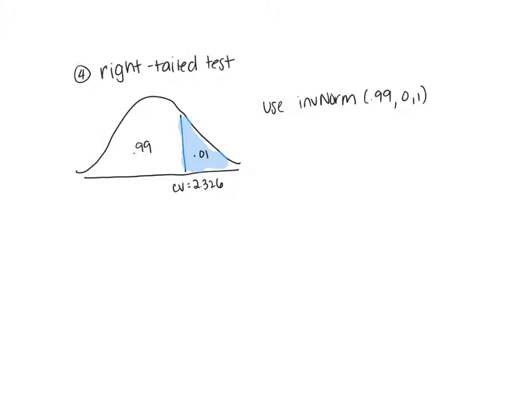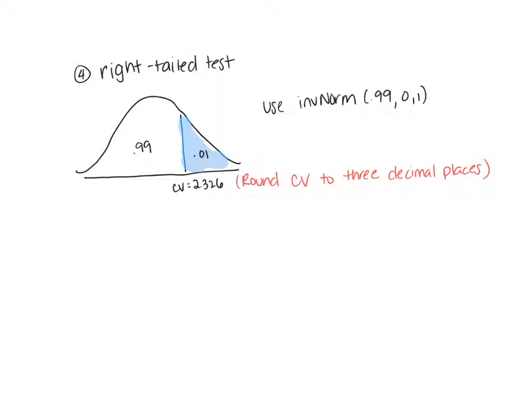We're always going to round critical values to 3 decimal places. And now we want to add onto this graph the value of our test statistic.